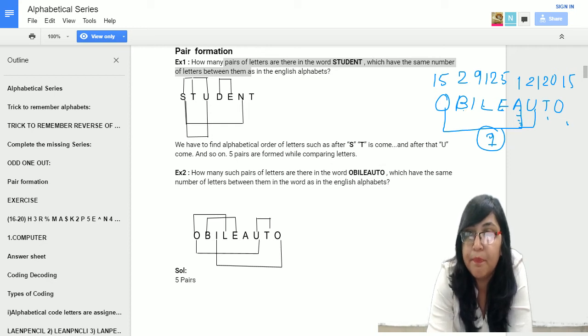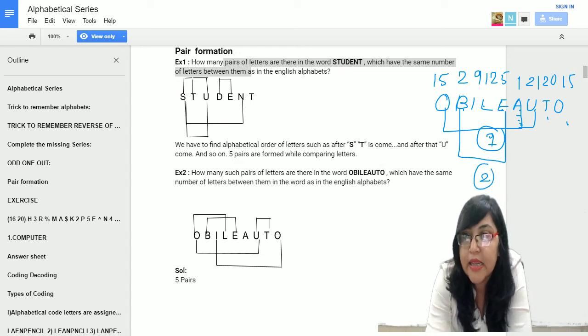Next, B. 2, 3. You do not have 3 in the back. No. Next, 3, 4, 5. You have a pair over here. Okay. This is 2. Next, 6, 7, 8, 9. No pair. Next, 9, 10, 11. No. 10, 11, 12, 13, 14, 15.